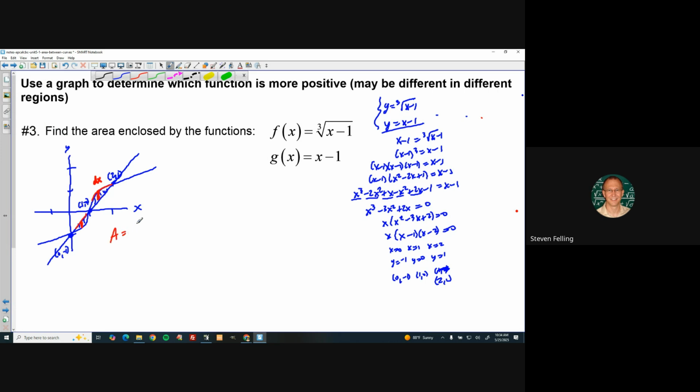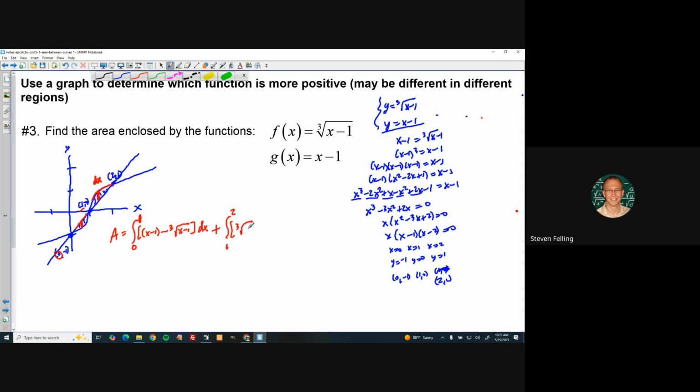So for this area, I do an integral with the line on the top. That's going to be x minus 1 on the top minus the cube root of x minus 1 on the bottom, integrated over x, from x is 0 to x is 1. And then I will add a separate integral from x is 1 to x is 2, but this time the cube root will be on the top because it's the more positive value.